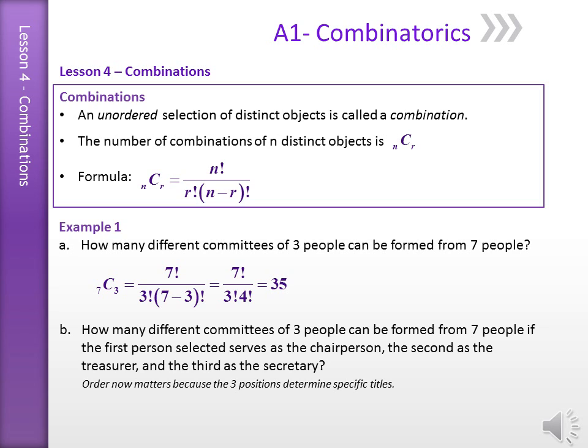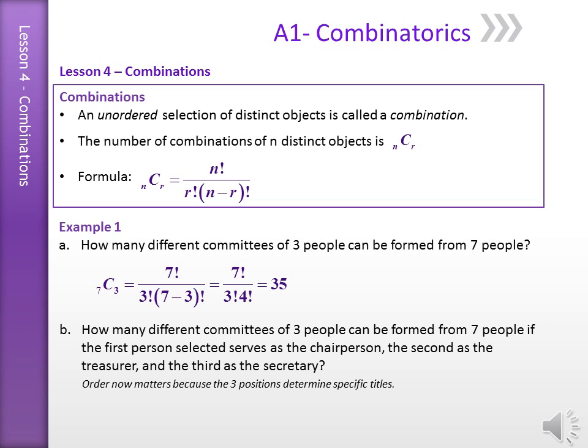Example 1b. How many different committees of 3 people can be formed from 7 people if the first person selected serves as the chairperson, the second as the treasurer, and the third as the secretary? Order now matters because the 3 positions determine specific titles.